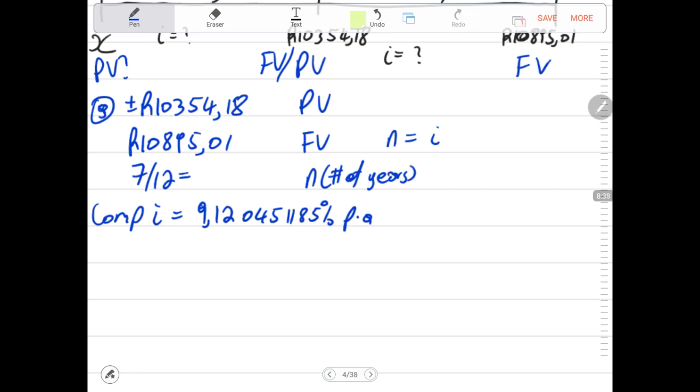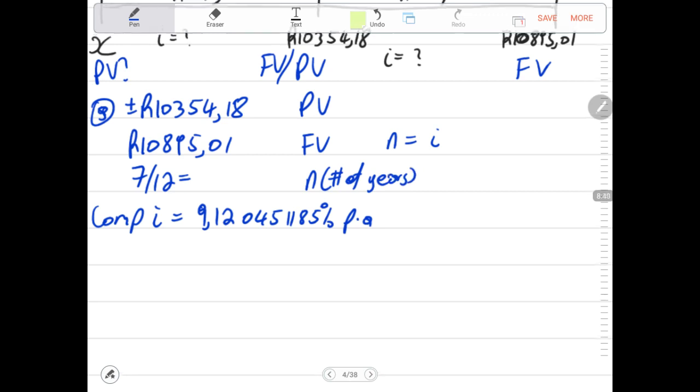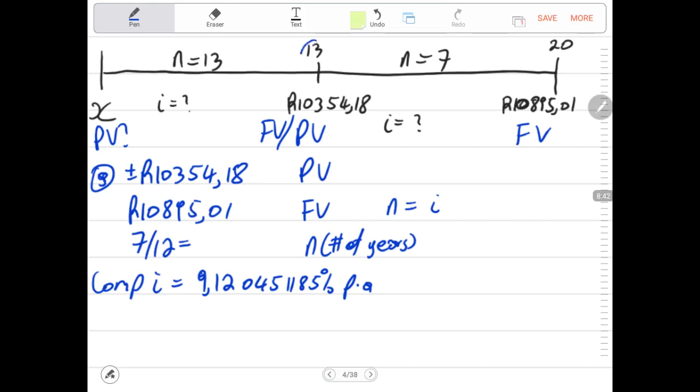Why? Because we took the number of months, which is the 7 months, from month 14 up until month 20. We divided this by 12, then it gave us our N in years. So when we compute interest, it will be the interest in years, being the effective rate of interest.